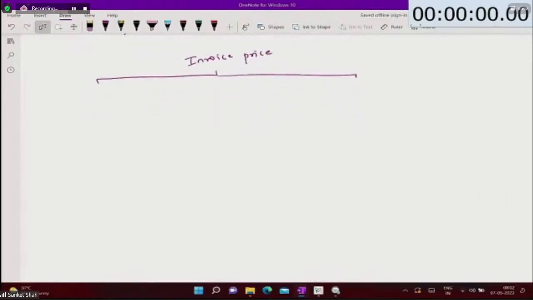Now we will move to next concept, that is invoice price. So invoice price questions are solved in two methods.